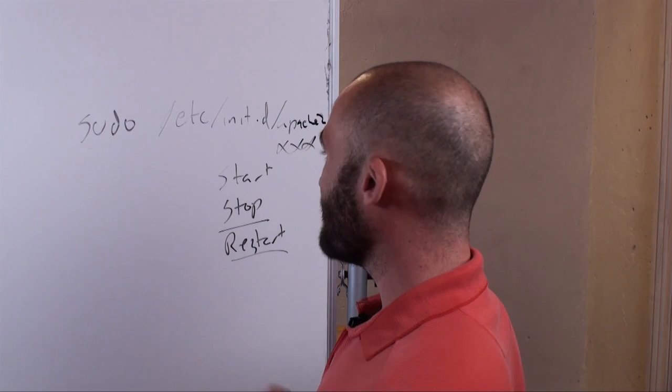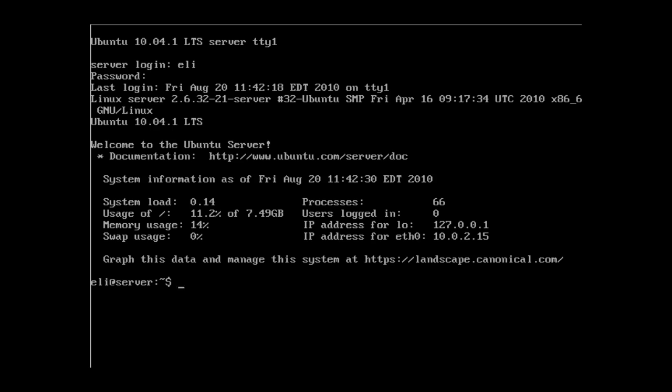Let's go onto the computer and I'll show you how this works. So we're back at the terminal screen. I have reinstalled the Apache 2 web server, so we have a service to start, stop, and restart. The first thing that we're going to do is stop the service, because the service is already running. It's an automatic service.